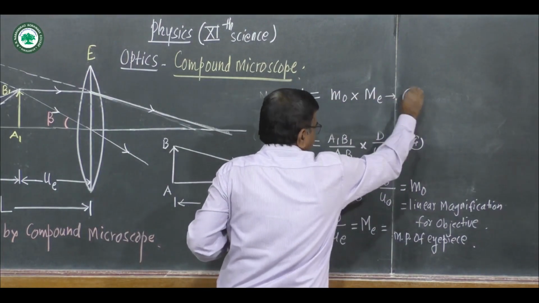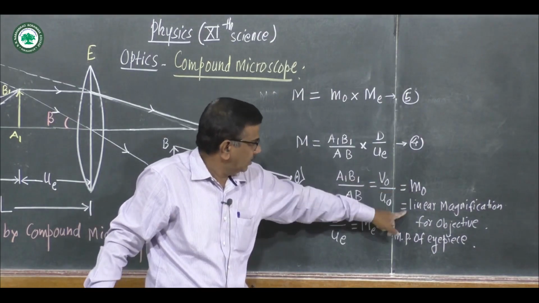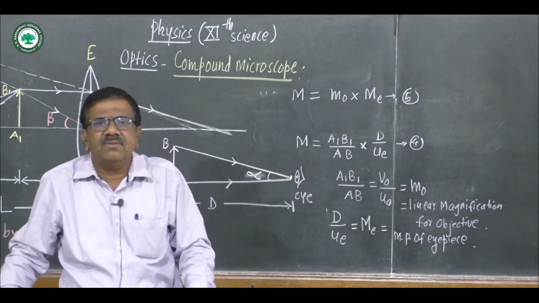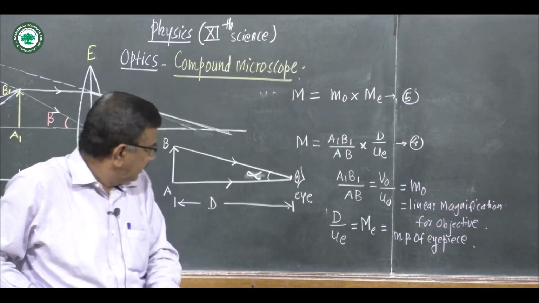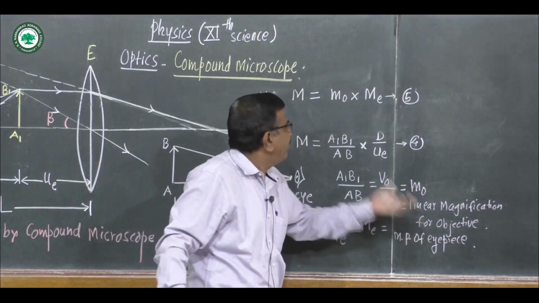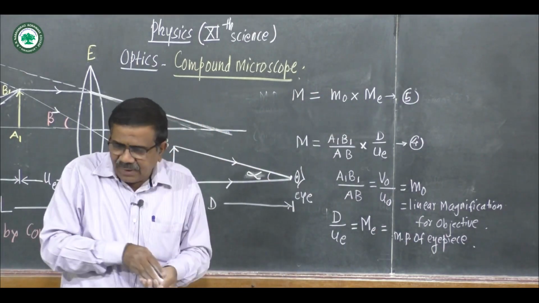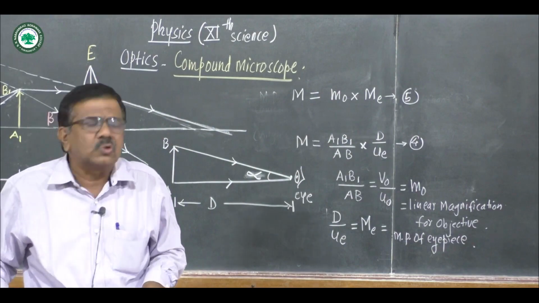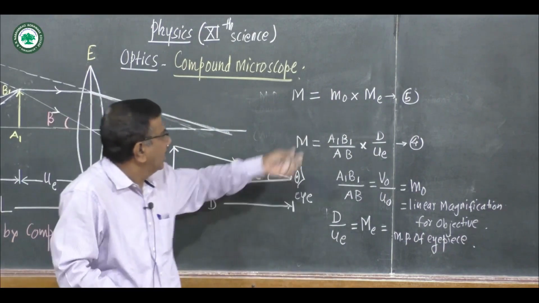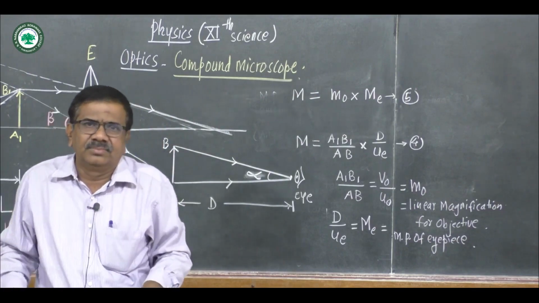What is this MO? VO upon UO, linear magnification for the objective. What is ME? Magnifying power of the eyepiece. From equation 5 we get this expression for magnifying power of the compound microscope.